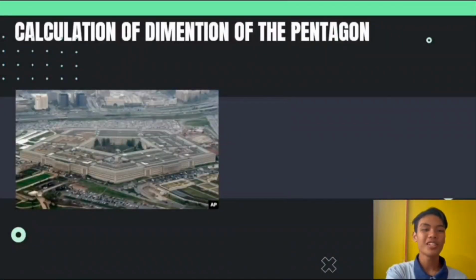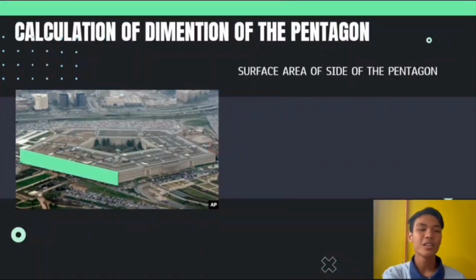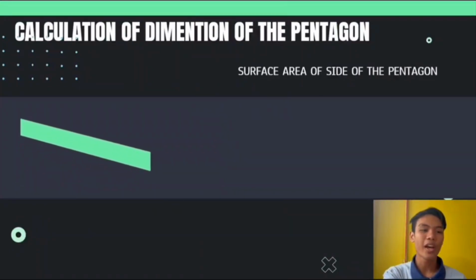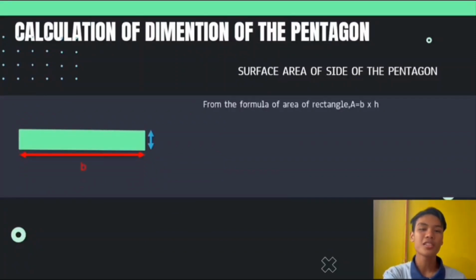Next, we are going to calculate the surface area of the side of the pentagon. Firstly, the side of the pentagon is a rectangular shape. So, from the formula of a rectangle, A equals base multiplied by height.